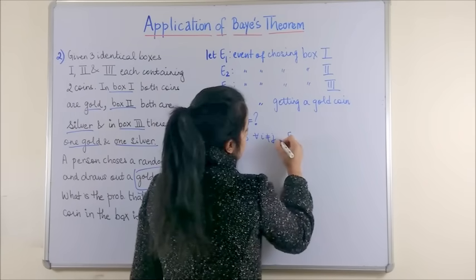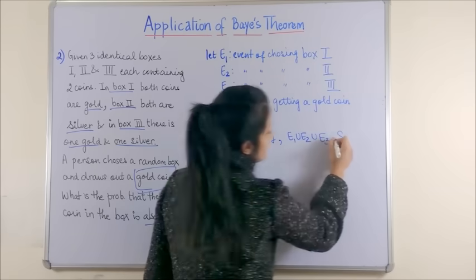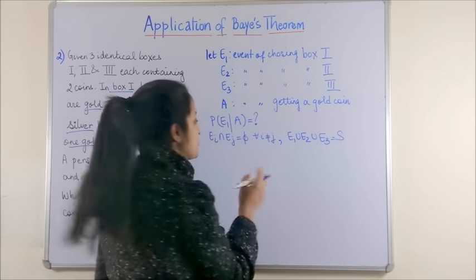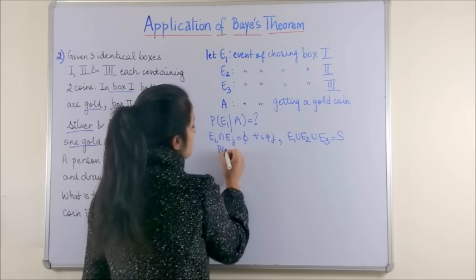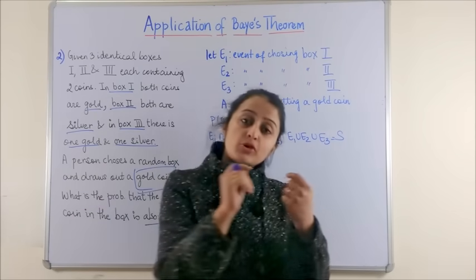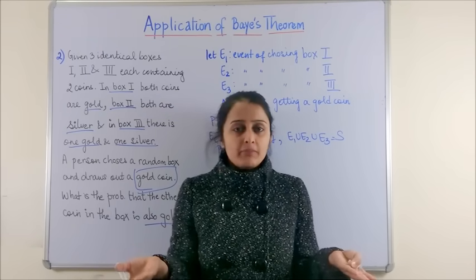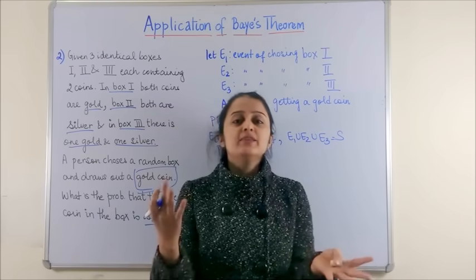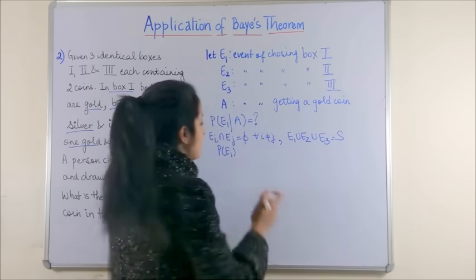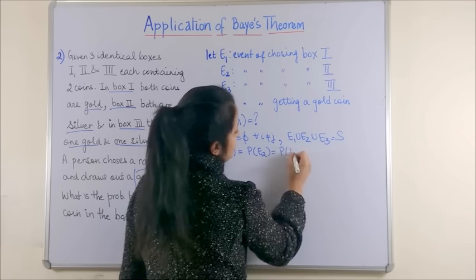Next, E1 union E2 union E3 exhausts the entire sample space as per the question. Finally, the probability of choosing box 1, box 2 or box 3, they're all equally likely to happen. A person can choose any box at random. So this happens to be 1 by 3 for each of them.